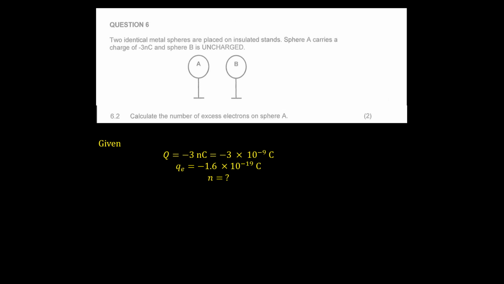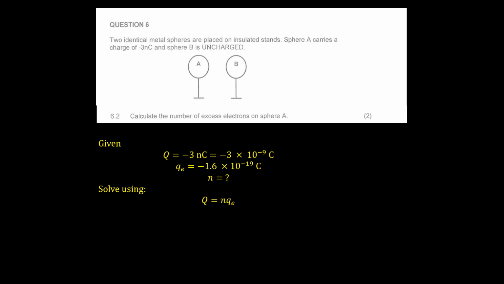We will do this by using the expression that describes the quantization of charge, which is that big letter Q for charge equals n qe. This means that every other charge in the universe is an integer multiple of the qe value.